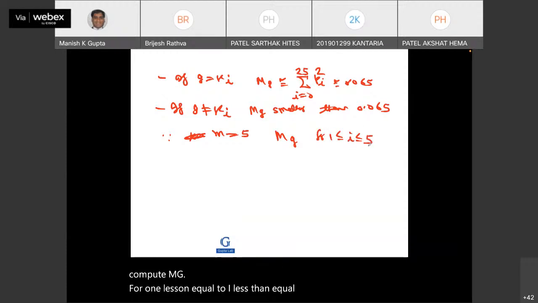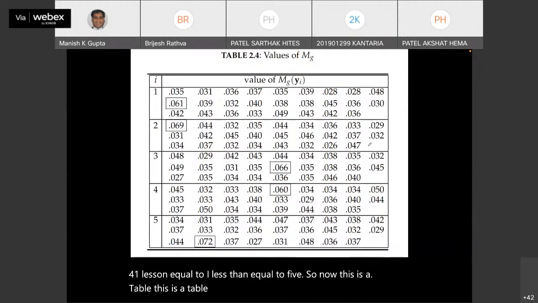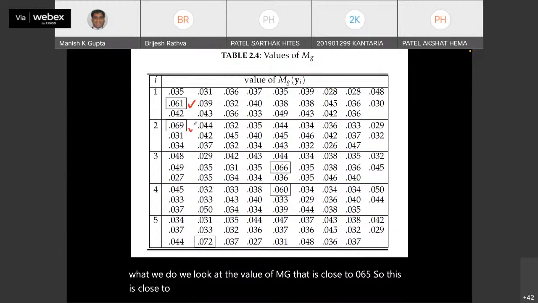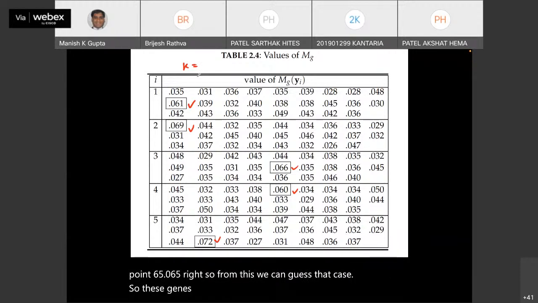So now this is a table of the values of Mg by i, right? Now we look at the values of Mg that are close to 0.065. So from this we can guess that these g's determine the shifts k1, k2, up to k5.